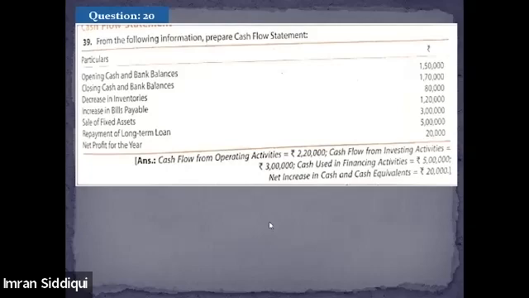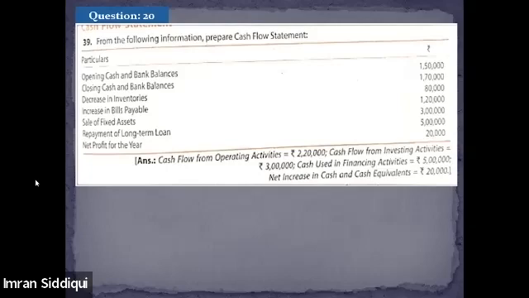After calculating the net increase in cash flow, we have to add the opening balance of the cash given in the question. Then after adding it, you will get the cash and cash equivalent at the end of the year. It must be there in the question. Just tell me, the net cash inflow is what? Net cash inflow should be 20,000. You should have got 20,000, everyone.